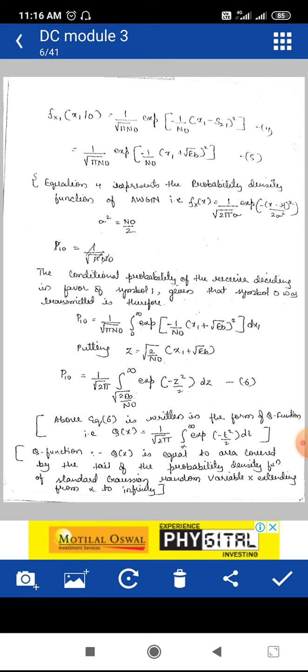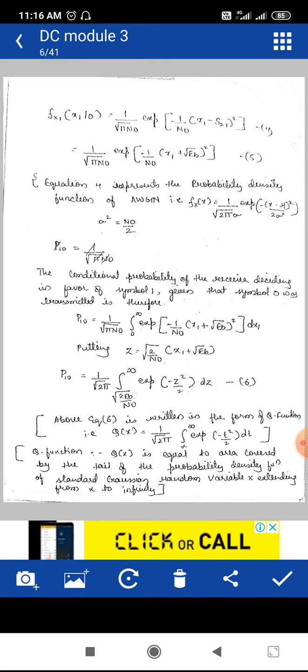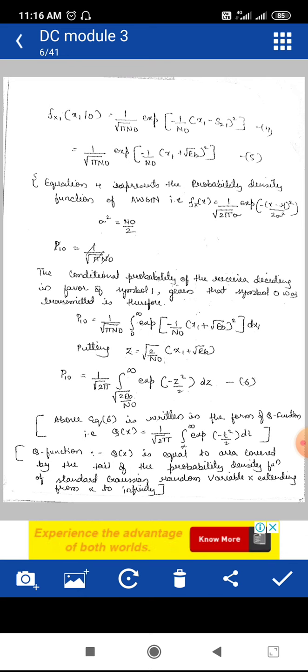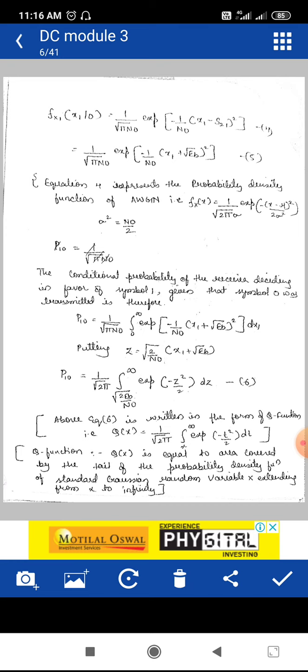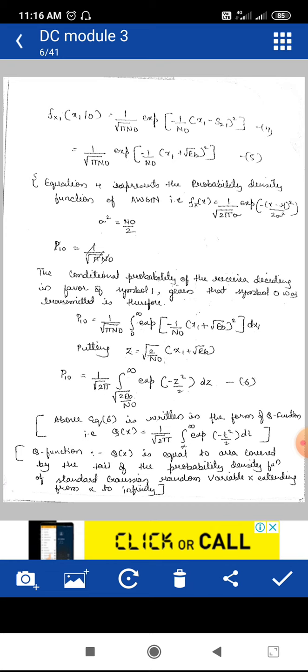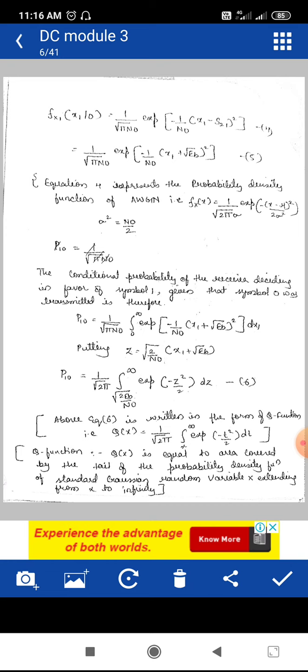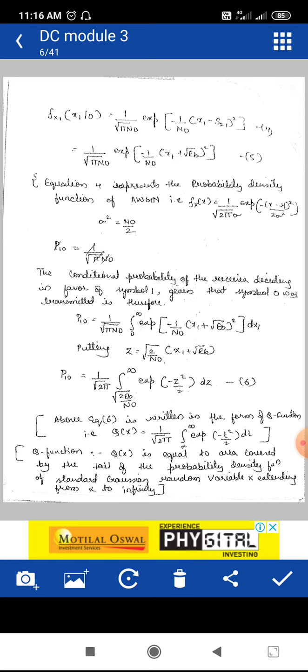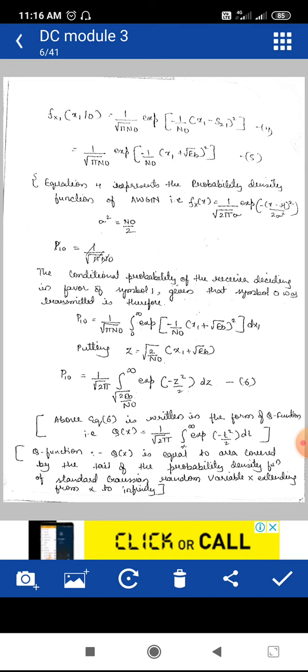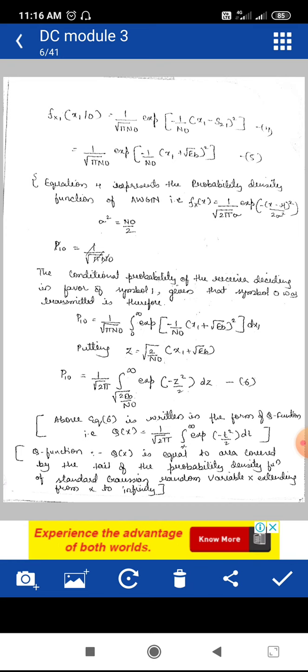Now, this is the received signal. This is the conditional probability density function of the received signal x1. When will this error happen? When this conditional probability density function falls in the region of z1. What is the region of z1? It is limited from 0 to infinity.